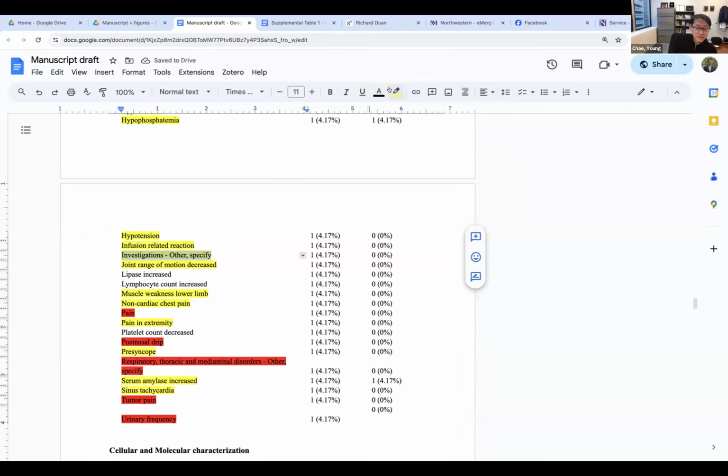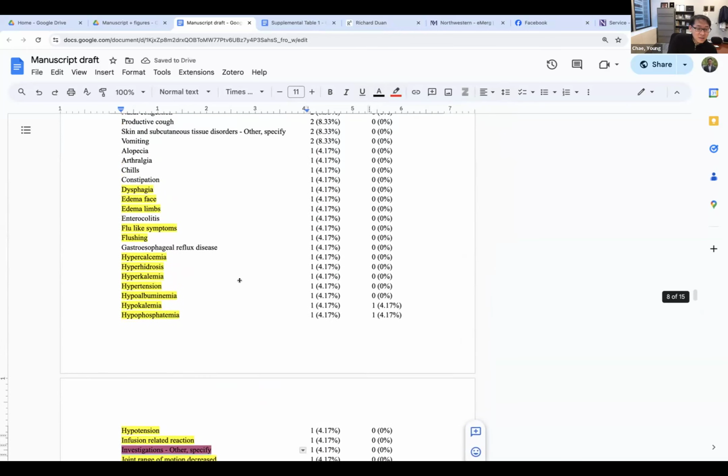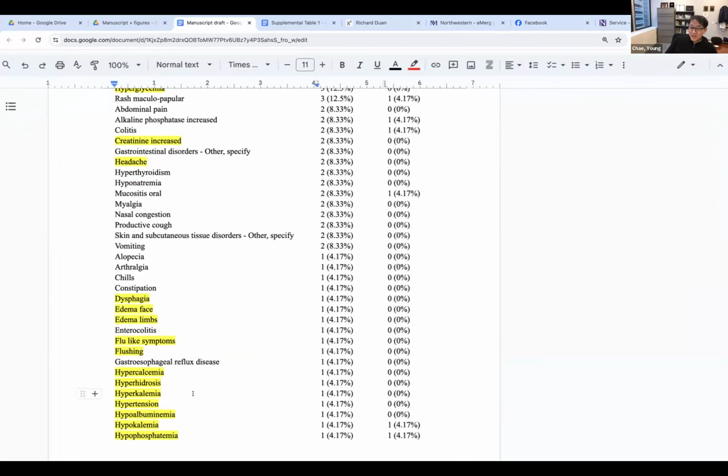And let's go up. Flu-like symptoms, flushing could be immune, could not, maybe just a simple reaction, but it's okay to leave it. Hyperglycemia may be just the effect of the dexamethasone, or it could be type 1 diabetes occurring.